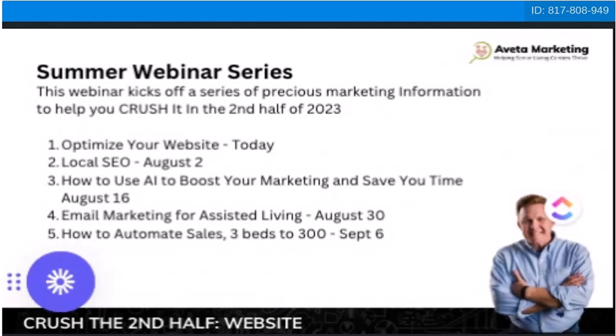And then we'll wrap it all up with how to automate sales, whether you have 3 beds or 300 beds. There are definitely some ways that you should automate sales. If I know anything about residential care homes, smaller facilities, the owner operator is busy wearing many hats.